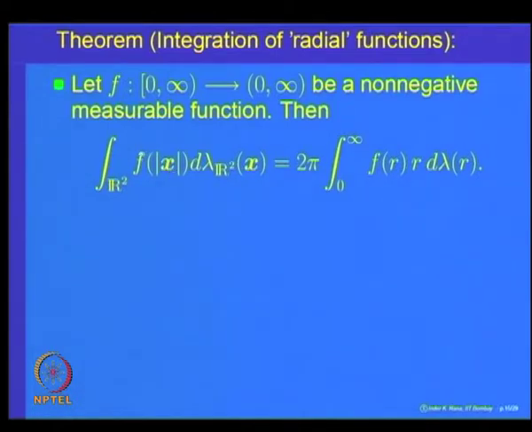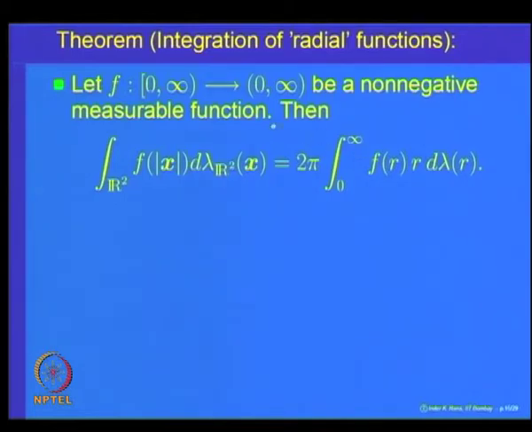This is like a composite function. The vector x goes to its magnitude, a non-negative real number, and f is evaluated at that. So, the double integral over R 2 is given by 2 pi times the integral of f(r) r dr. That is the claim that this integral is equal to this integral.